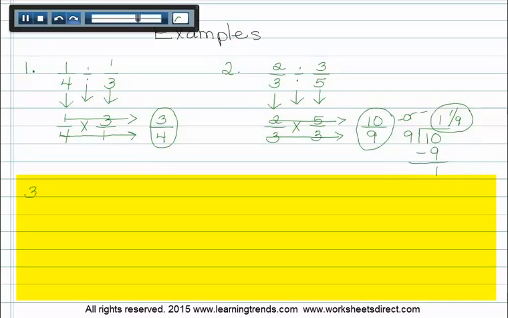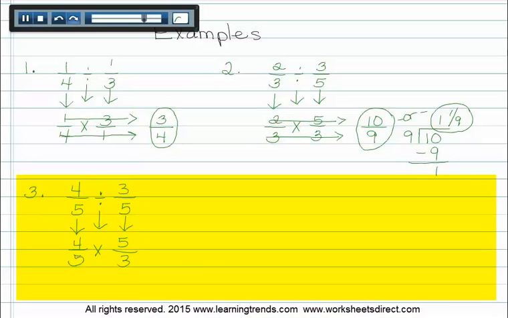And in our third example, we have 4/5, and we're going to divide that by 3/5. And we're going to follow the steps again. So we keep our first fraction of 4/5. Change our division sign to a multiplication sign, and take that second fraction, the one that's being divided by, and we're going to flip or invert that, and 3/5 becomes 5/3.